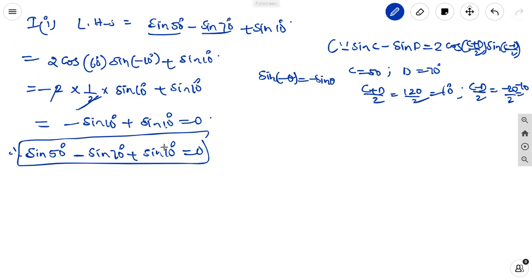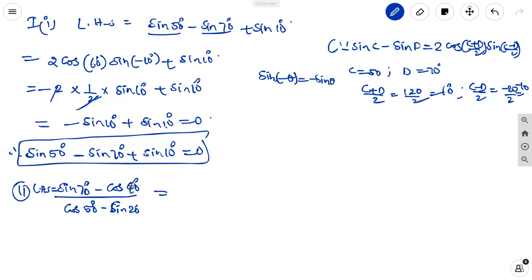The second problem: LHS is equal to sin 70 degrees minus cos 40 degrees, by cos 50 degrees minus sin 20 degrees. We don't have a formula for mixed sin and cos.